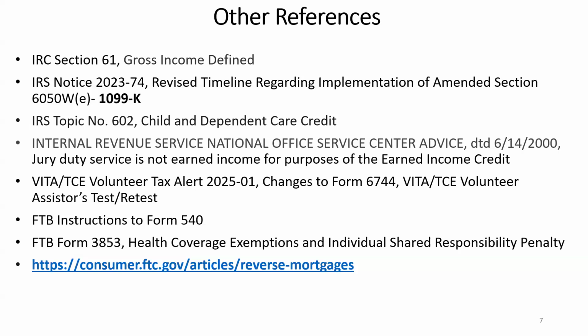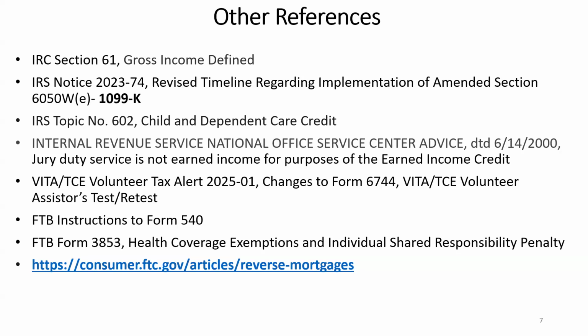So there are certain changes, and we'll talk about that before we leave the call today. But again, this is the first one that came out. So a few changes that you want to make, pending changes to the 6744. And then we will talk about the FTB, not today. We talk about the FTB Franchise Tax Board two weeks from now, and we'll get into the Form 540.